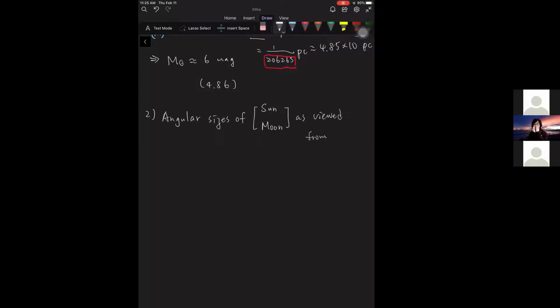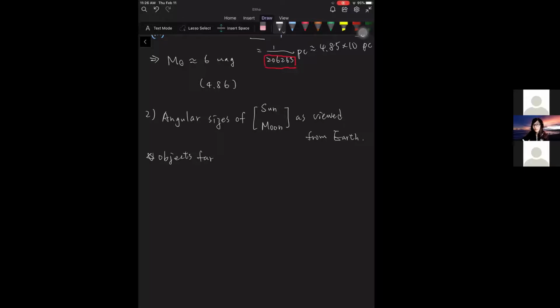To calculate the angular size, it's highly possible that we are using the small angle approximation. So basically, for objects that are far away, we can use this approximation. And basically, this means almost all astronomical objects.